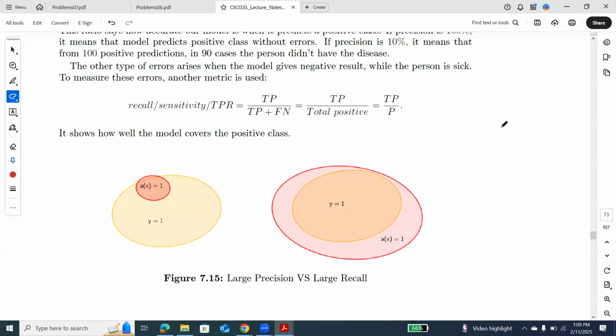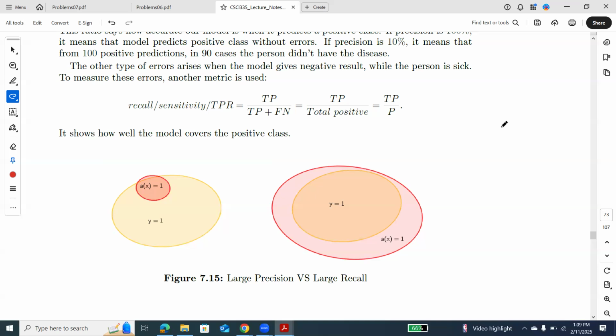So you remember, precision is the fraction between true positives and points that our model predicted as positive. But our model could make errors. So in the denominator, we had true positive plus false positive.